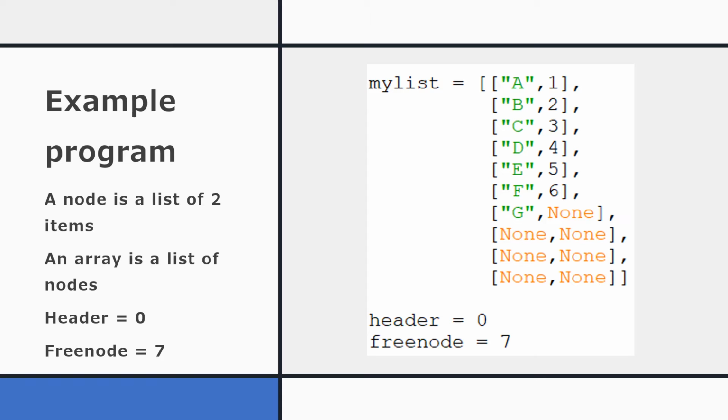So if you copy a 2D array like this, that will make a dummy linked list. The header is 0 because the first item in the list is position 0. And the free node, I'm pointing it to position 7 because item 7 in my list is empty, ready to take new data.